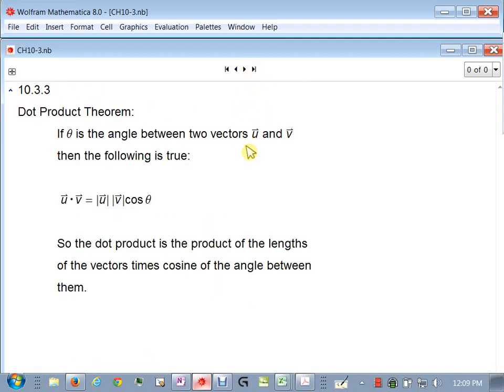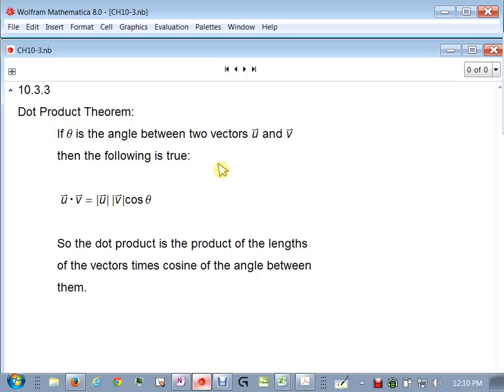The dot product theorem. This is a huge result, one of our first main big results here. If theta is the angle between two vectors u and v, then the following is true: u dot v equals the magnitude of u times the magnitude of v times cosine of the angle between them.